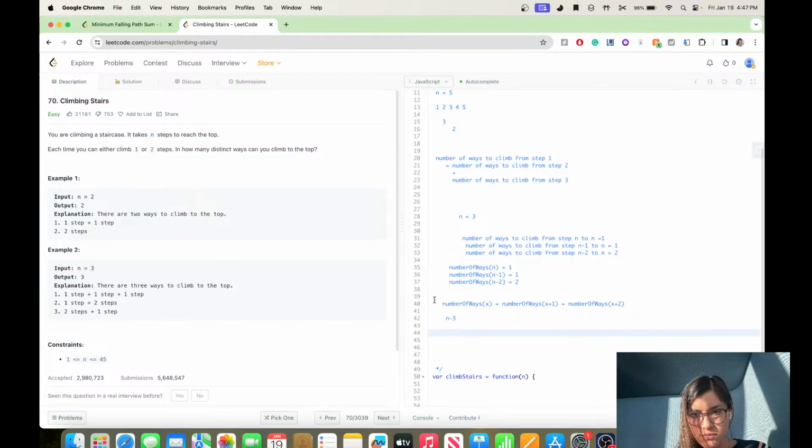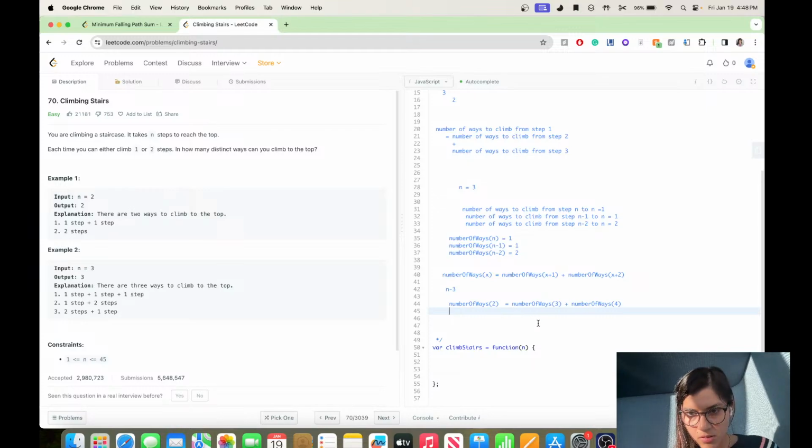And in this case, number of ways for 2 will be equal to number of ways 3 plus number of ways 4, right? So yeah, that's the thing. And then I will do number of ways 1, and number of ways 1 will be the answer.